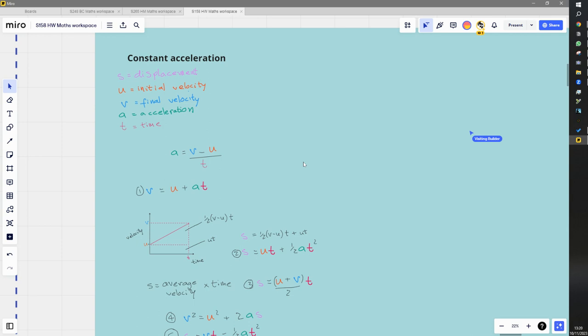So basically we've got to remember that the acceleration is equal to the rate of change of velocity. And that the velocity, and this is where it's a bit difficult actually, so I'm just going to write the word velocity as opposed to writing v, because v means final velocity here. So velocity in general is the rate of change of displacement.